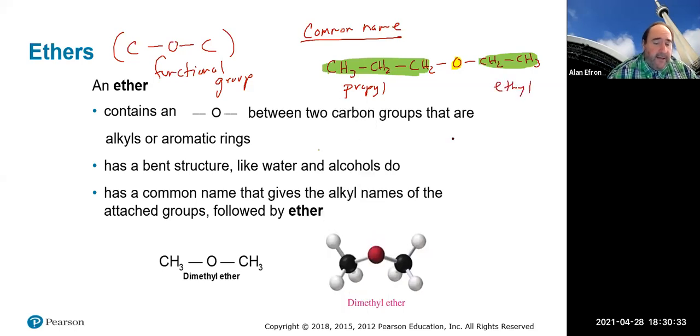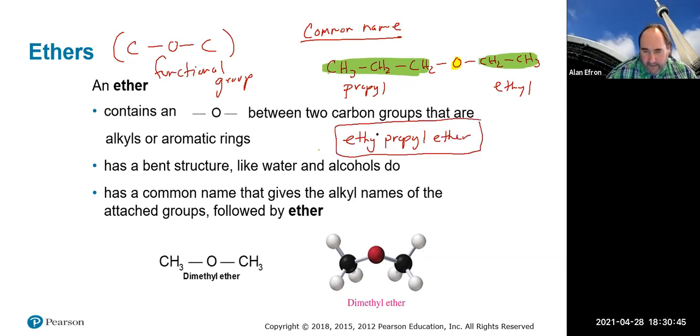And then you put it in alphabetical order. So that means we would call it ethyl propyl, and then you simply put ether at the end. So that would be ethyl propyl ether. Basically, go to the oxygen at your center point, go left, go right, find the groups that are located there.